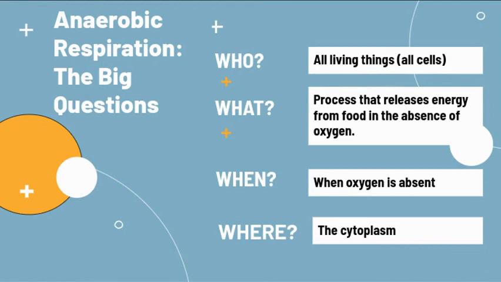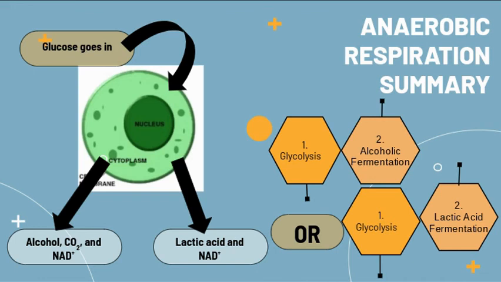So what happens if oxygen is not available? This is when anaerobic respiration kicks in. Cells and all living things undergo anaerobic respiration, which is a process that releases energy from food in the absence of oxygen. This process occurs in the cytoplasm of our cells. There are 2 types of anaerobic respiration, and both must undergo glycolysis to get our process started.